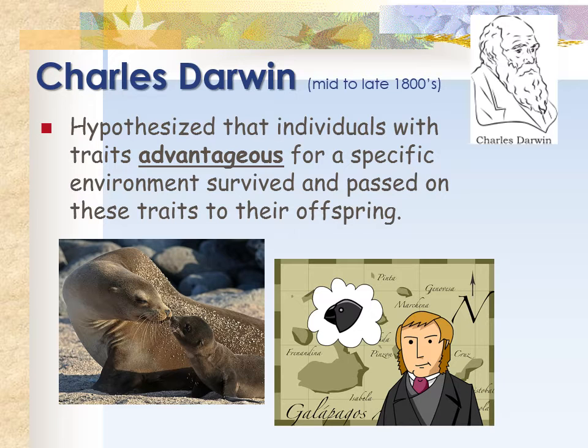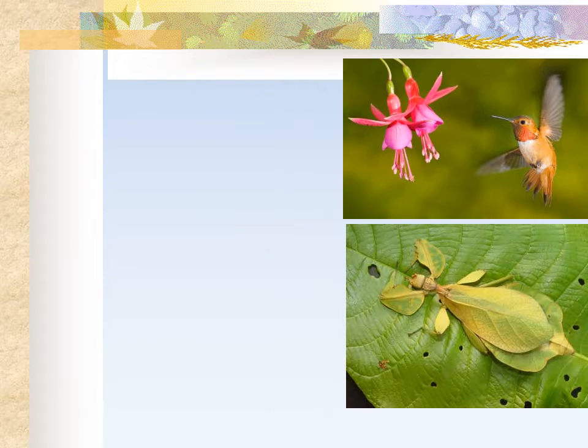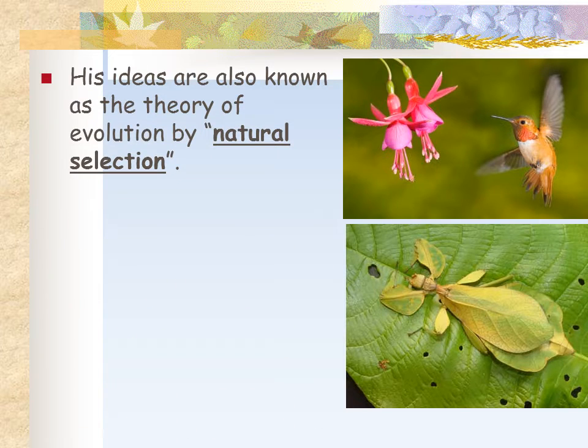In the mid to late 1800s, an Englishman named Charles Darwin started to hypothesize an idea that individuals that had traits that are advantageous, good, for a specific environment survived and passed on those traits to their offspring. So he ended up calling that idea natural selection.